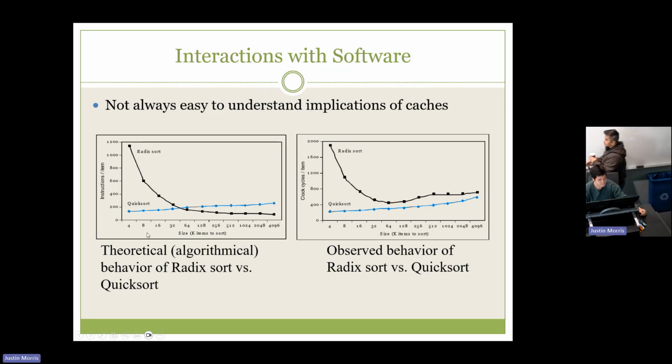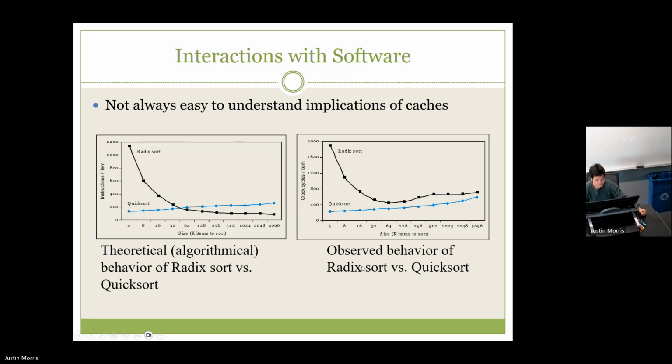So here are two sorting algorithms, radix sort and quick sort. And this is the theoretical graph, just by big O notation, for radix sort and quick sort with larger numbers of sizes.